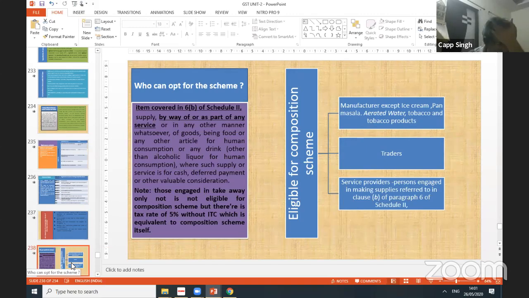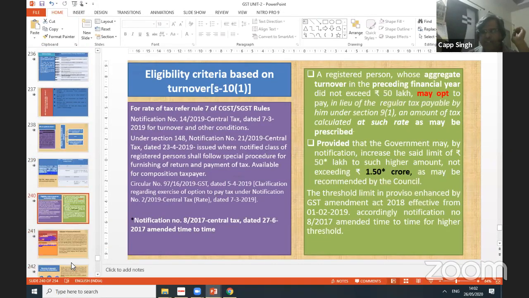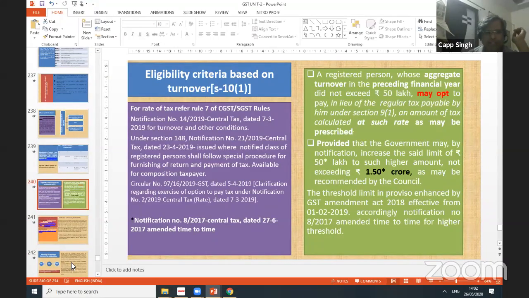Supply of food items was only covered earlier in the composition scheme, and that too at a 5% tax rate, 2.5% CGST and 2.5% SGST. Now the government has simplified it more, and other services are also covered in the composition scheme. But for other services, the aggregate turnover limit is 50 lakh. So mind that this point is a simple one.